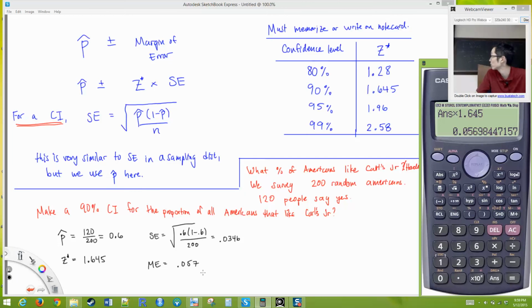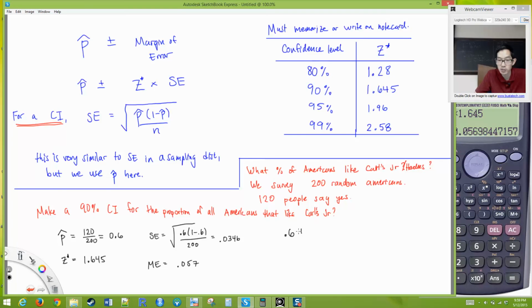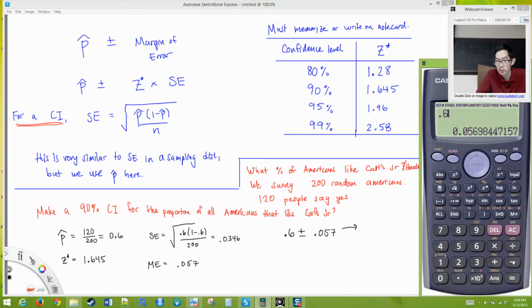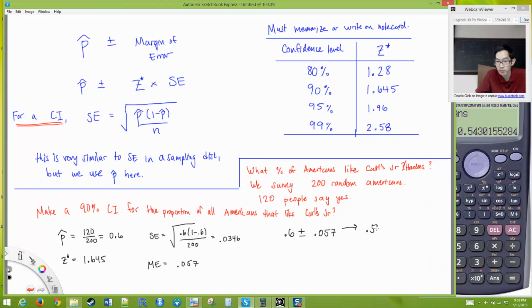So my confidence interval is going to be 0.6 plus or minus 0.057. So I do 0.6 minus this, and I get 0.543 to 0.657.